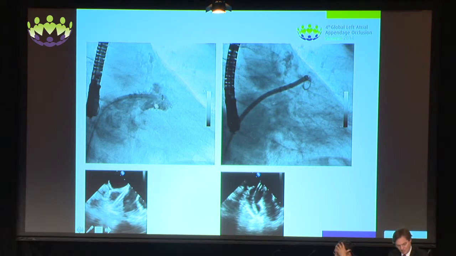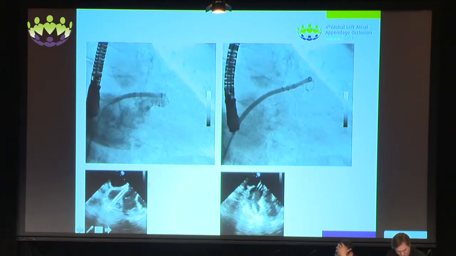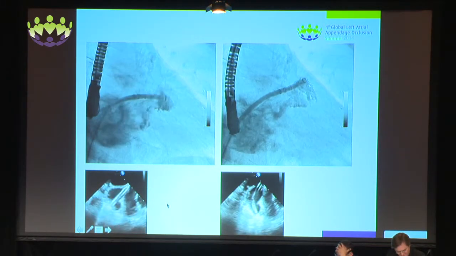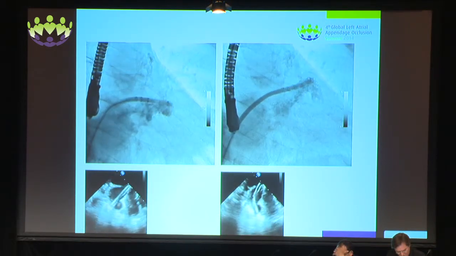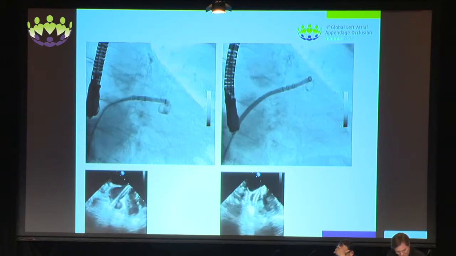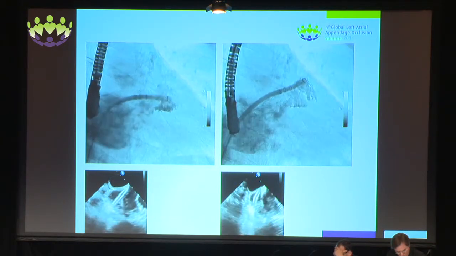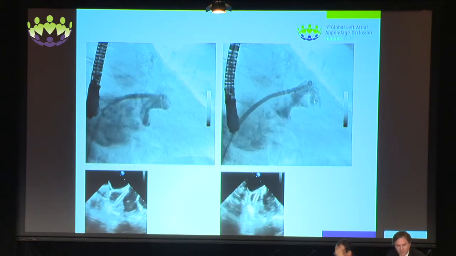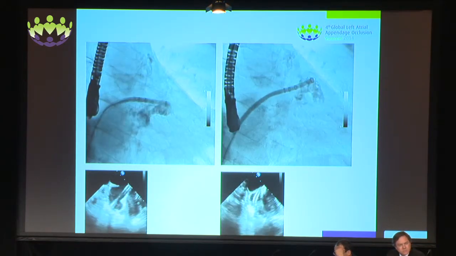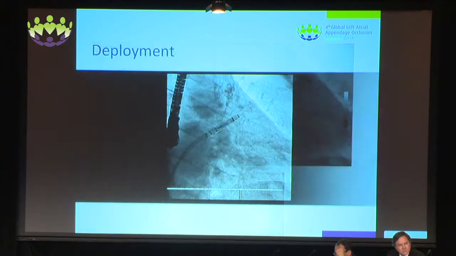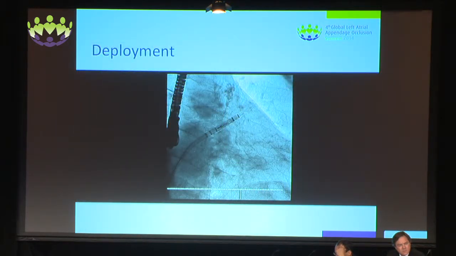Here you can see that the sheath is inside the distal lobe, but it's not coaxial to the neck of the LAA, and also we don't have enough length to deploy a 24 millimeter device. So we decide to use the upper superior lobe. We have enough length and it seems to be in a better position. We deploy the device.